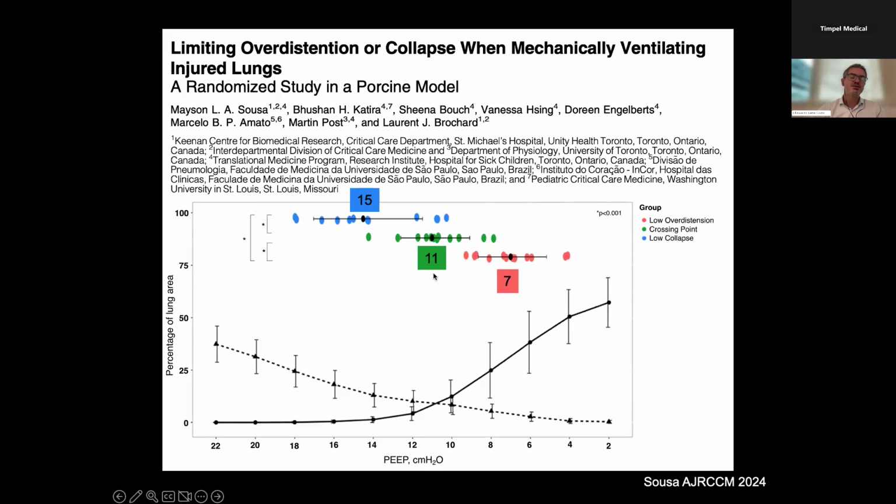And this is the group in the middle in which they tried to match collapse and overdistension, or the crossing point choice. And what they found is that the group with too low PEEP levels actually had a mortality of around 50%. So mostly because of hemodynamic compromise, because of too low oxygen levels and most likely right heart failure.